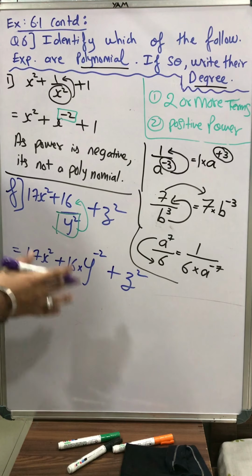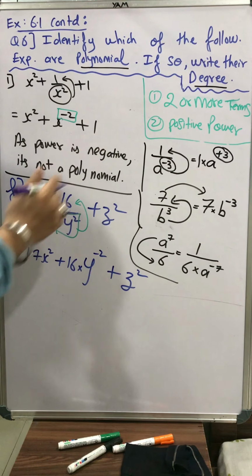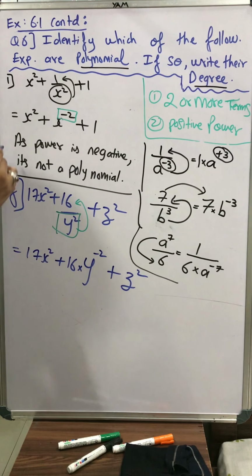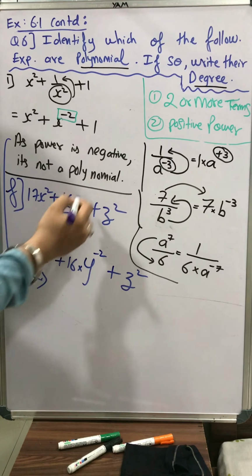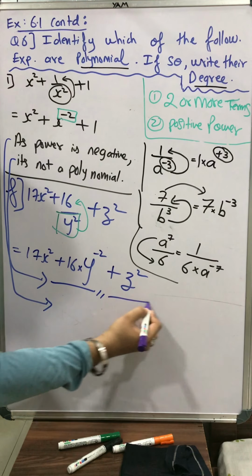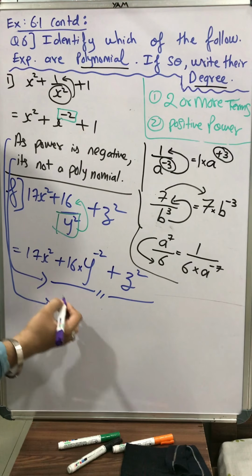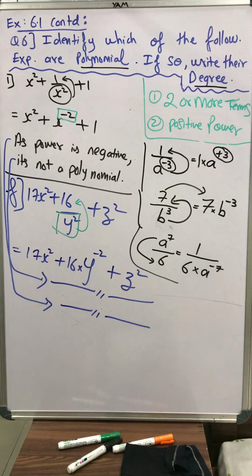Now students, the same case as here: as the power is negative, you have to write the reason. We will copy this reason as it is: as the power is negative, so it's not a polynomial. Please pause the video students and copy everything from the board.